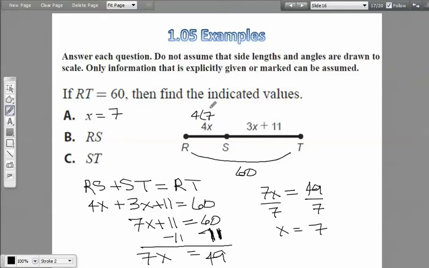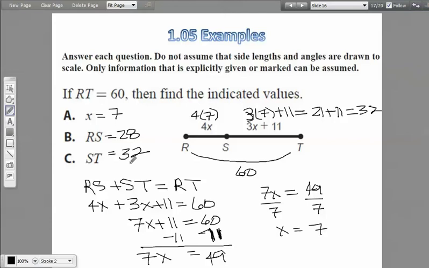So 4 times 7 is going to give you 28. And then 3 times 7 plus 11, that gives me 21 plus 11. So 21 plus 10 would give me 31, and I add an extra one to it, that'll give me 32.